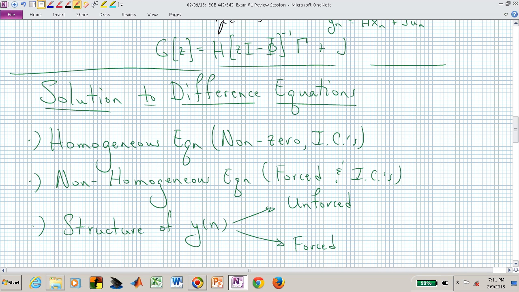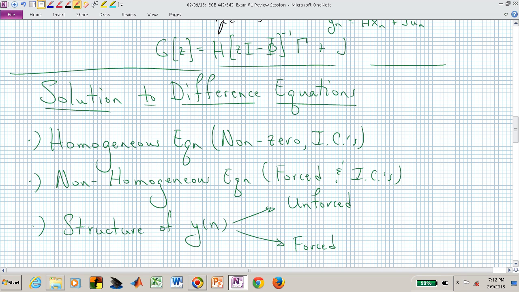Solution to difference equations. You should be able to do all of these. A homogeneous equation. That's when you have a zero forcing function and you just have initial conditions. What's the time domain solution? Non-homogeneous. Now you put in the forcing function with initial conditions and create this expression for a non-homogeneous equation.